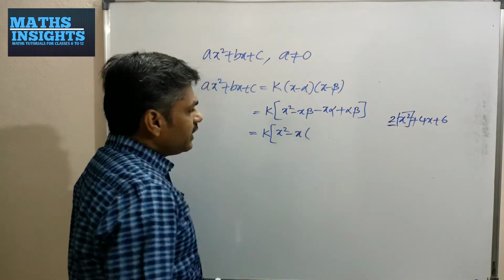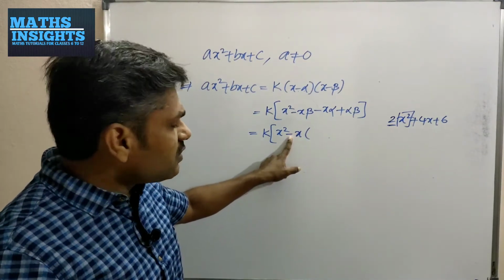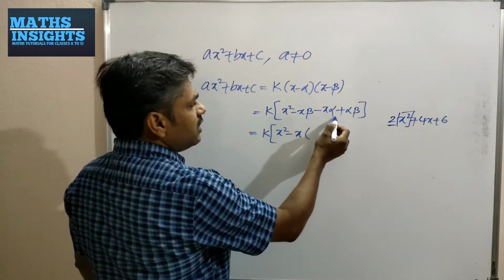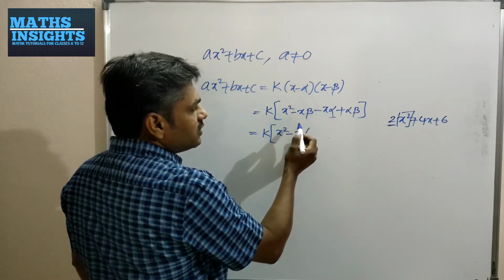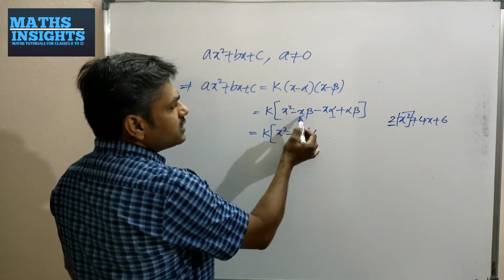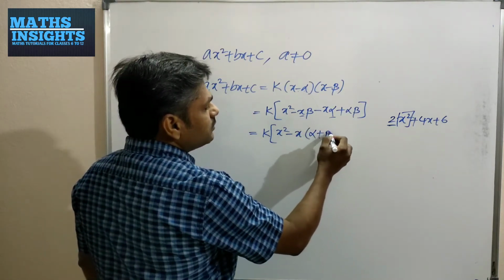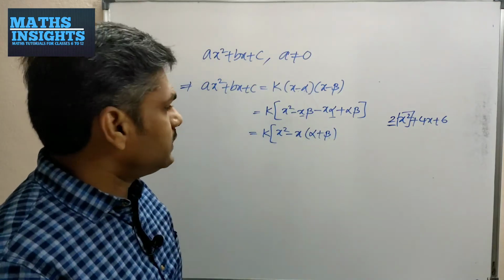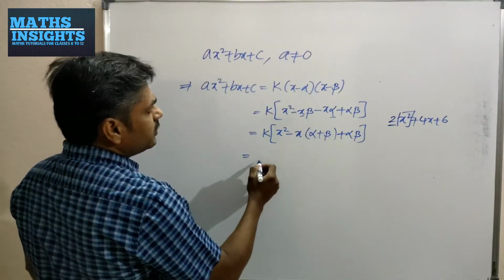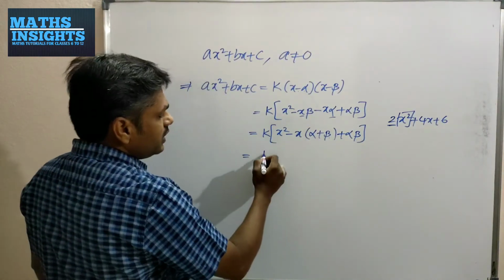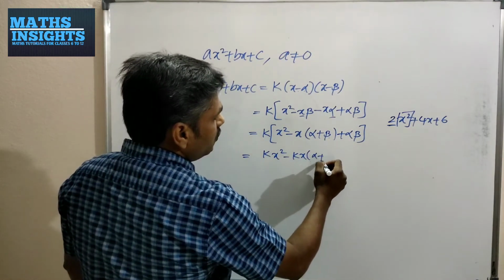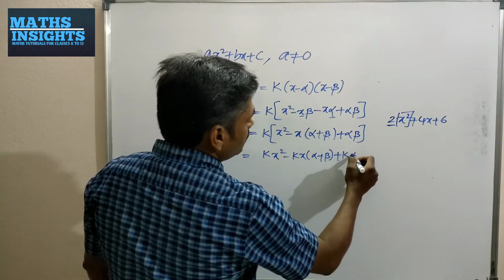When you take x and put minus outside the bracket, the signs will change. This is alpha, actually it has minus, but since I am taking minus common, it will become positive. And also in this I am writing plus beta even though it has minus, and finally plus alpha into beta. Now I will multiply this total with k: k into x square minus k into x into alpha plus beta plus k into alpha beta.